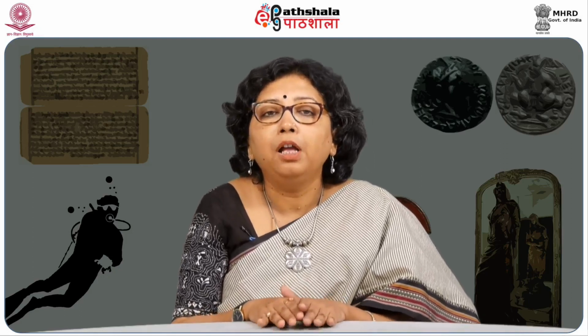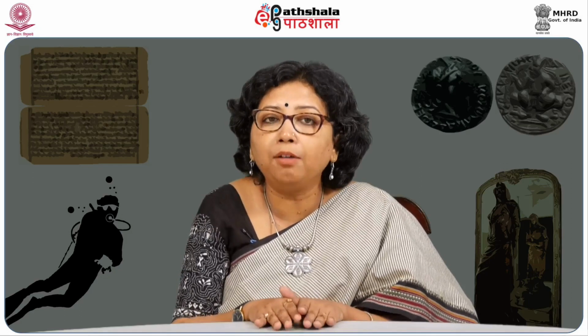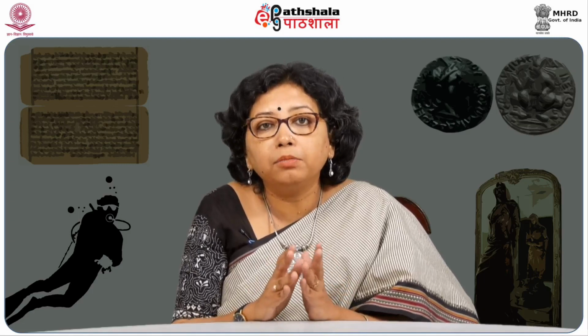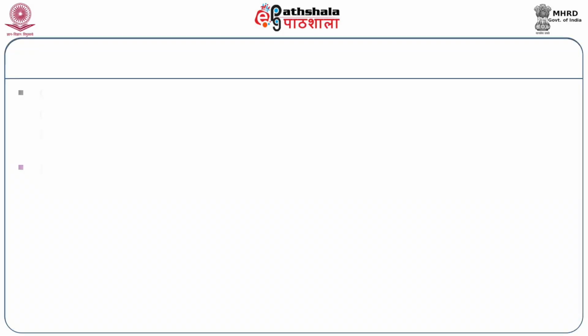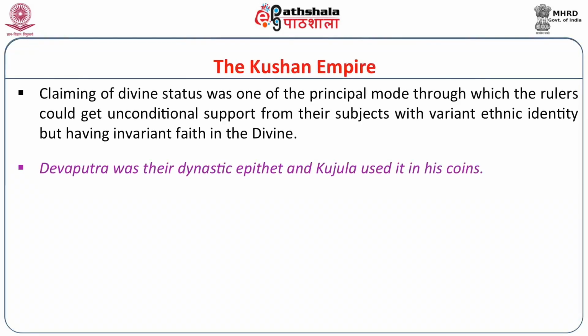So therefore, the Kushanas were trying to have these varied people come together with the idea of a cult of the empire or the cult of the emperor, which we shall see later on. They were using the title Devaputra as the dynastic epithet, and they were always known as Devaputra, and Kujula Kadphises used it in his coins.